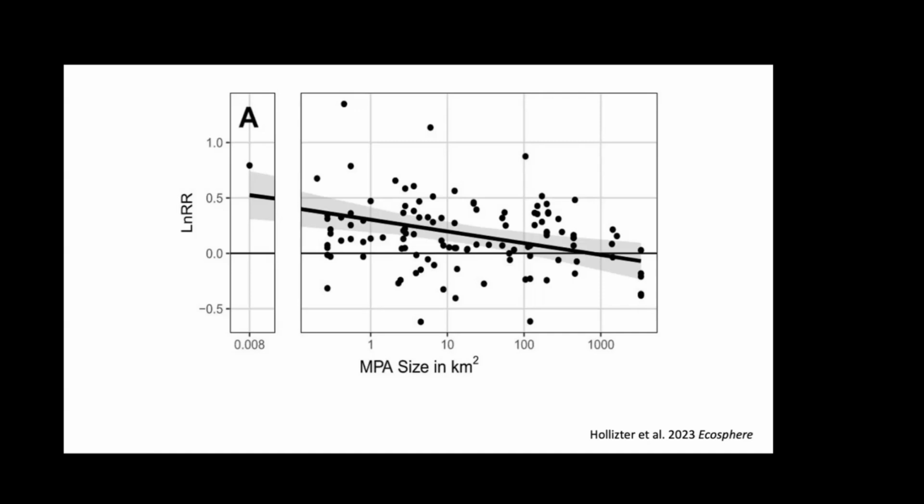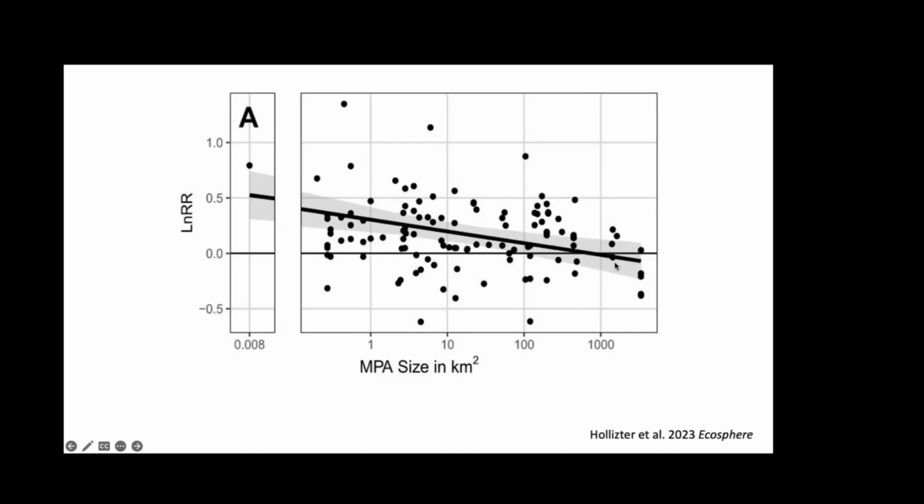Now, this surprised us a little bit, but there's a lot of good reasons why we might find this relationship. Saying strong things about causality is also another limitation of this type of meta-analysis. But I think the most likely reason for the smaller effect on species richness as we went out to very, very large marine protected areas is that it's much harder to enforce that protection from fishing in the large areas.